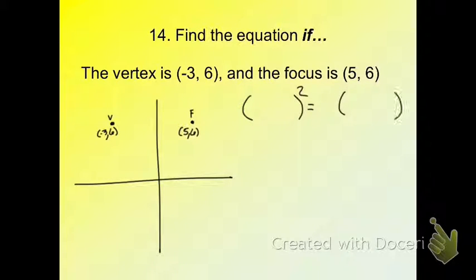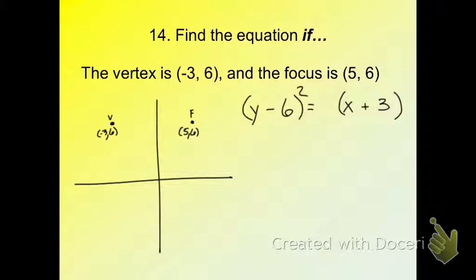So what needs to be squared, x or y? If it opens to the right, the y. That makes it a right and left, means it's a horizontal parabola. What needs to go in there with my y? Minus 6. What needs to go in there with the x? Plus 3.